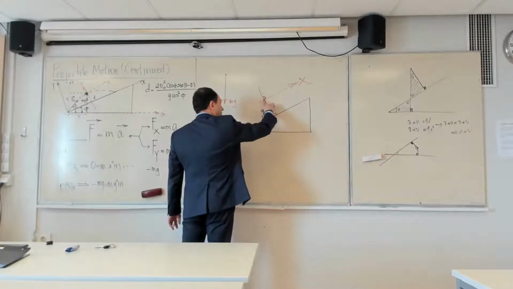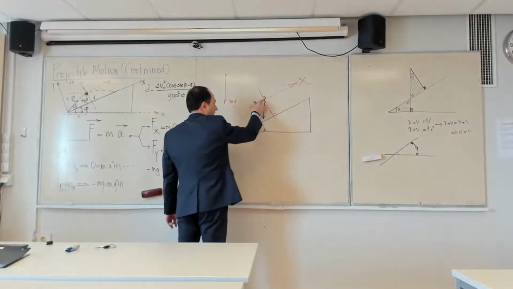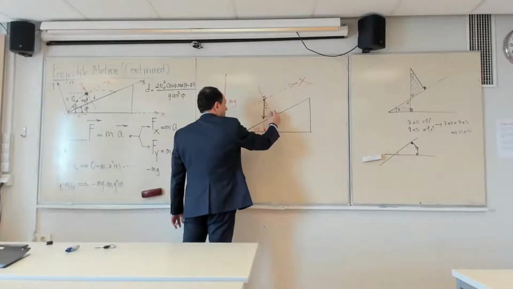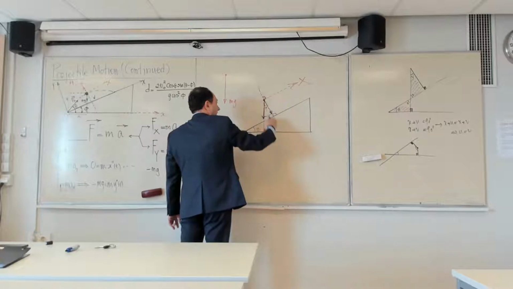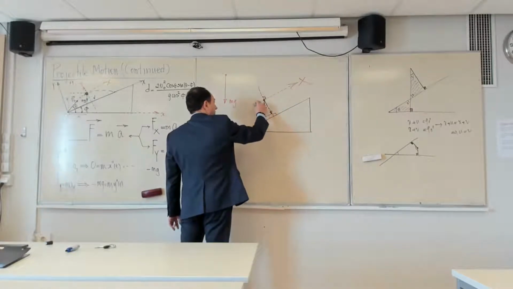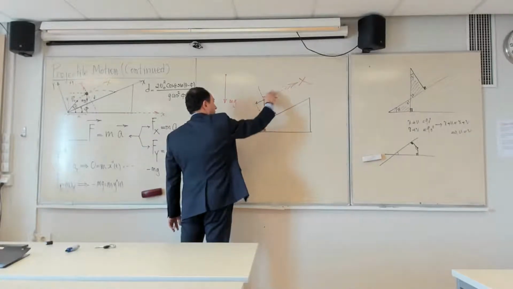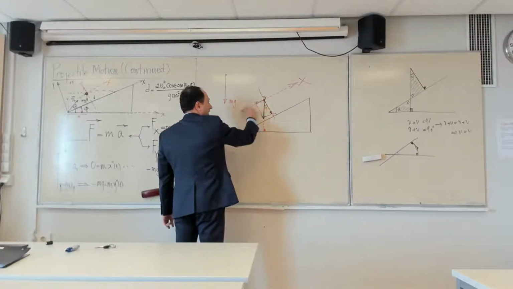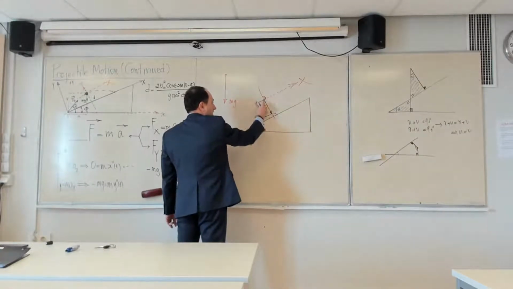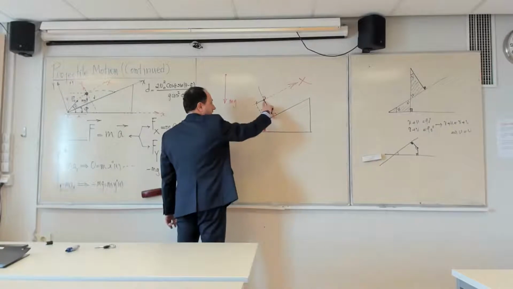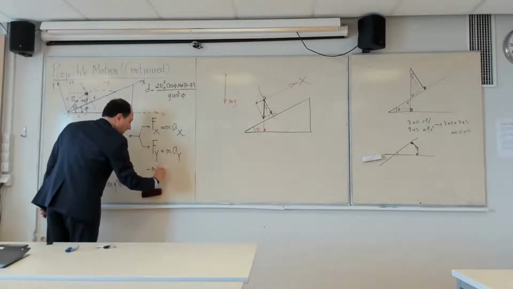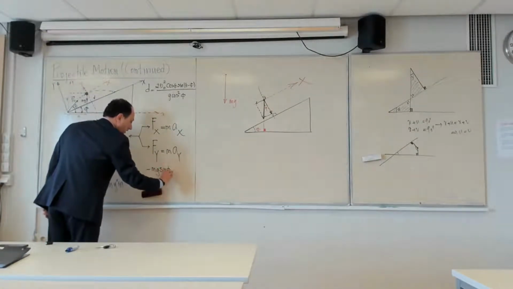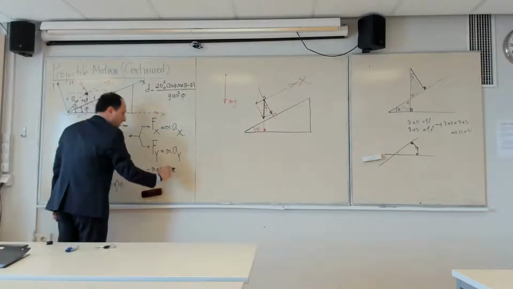If I decompose this vector in this and that, this one is on the y-axis, and this one is on the x-axis. So I am on the x-axis right now, so this is the opposite side, and this is the hypotenuse, so it becomes sine. So minus mg times sine of phi is equal to m.